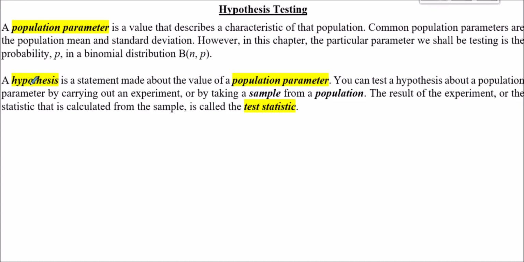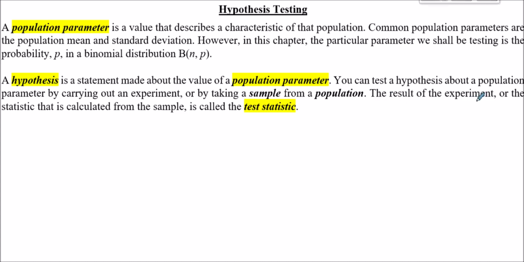A hypothesis, okay, that's just a fancy word for a statement made about the value of a particular population parameter. So our hypotheses are going to be linked to the probability assumptions of our binomial distributions. So we can test the hypothesis by either experimenting, for example, flipping a coin, or taking a sample from a population, like warm-up question 2, where you were sampling the constituents from that candidate.